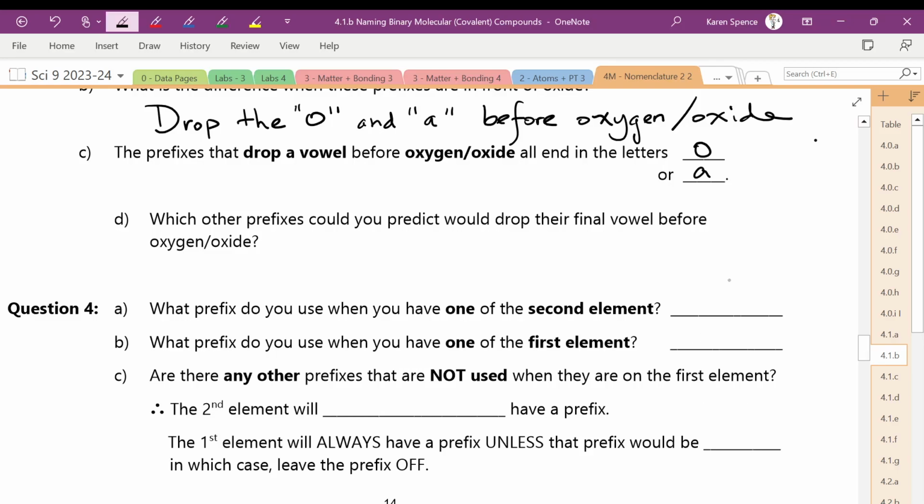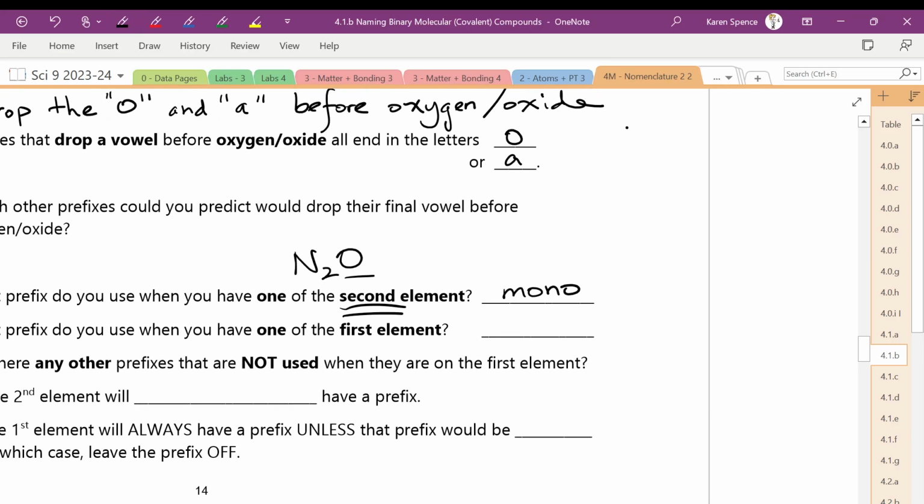What prefix do you use when you have one of the second element? Second element, you've got one of them. So let's say we had N2O. What prefix would we use for the O? Mono. What if we have one of the first element? So what if we had NO2? We've got one of the first element. What prefix would we use?